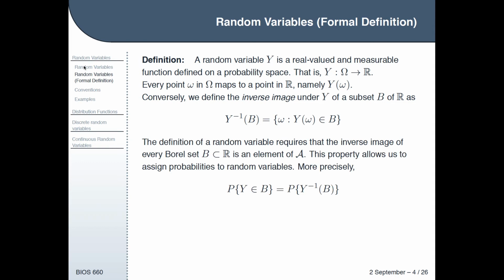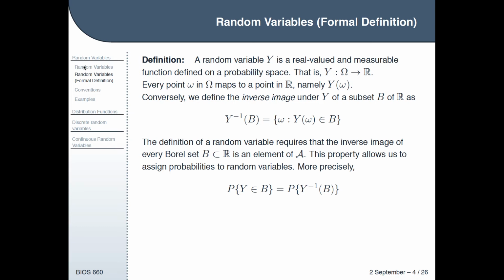And the definition of a random variable requires that the inverse image of any Borel set in the real numbers is an element of the set of possible events. And this is necessary so that you can assign probabilities to random variables without getting into the weird contradictions that I described a couple weeks earlier.